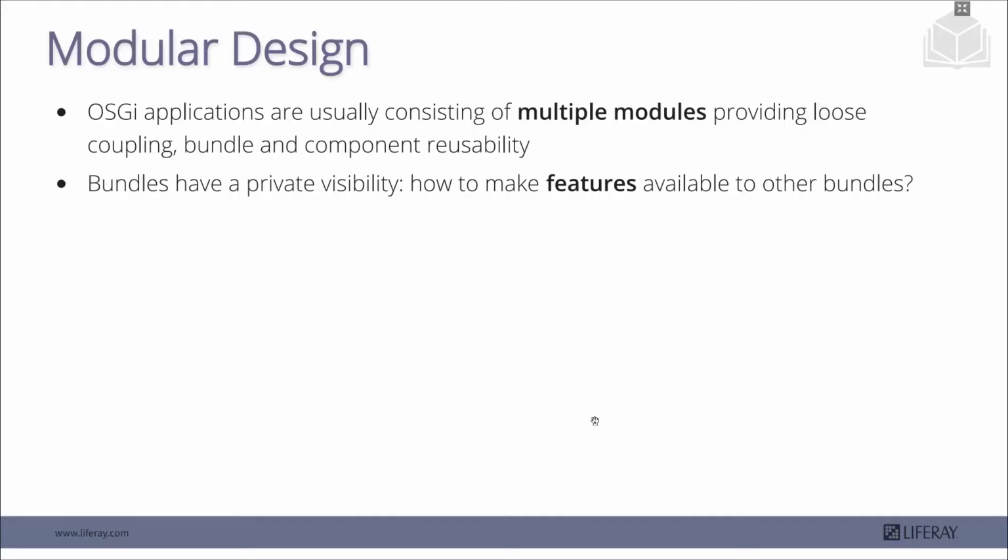By default, bundles have a private visibility. So the idea here is what's inside of the bundle stays inside of the bundle by default. So the question is, how do we expose the features and functionalities of a bundle to other bundles inside the OSGi framework, the OSGi container?